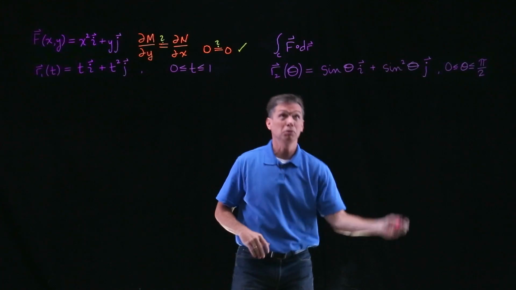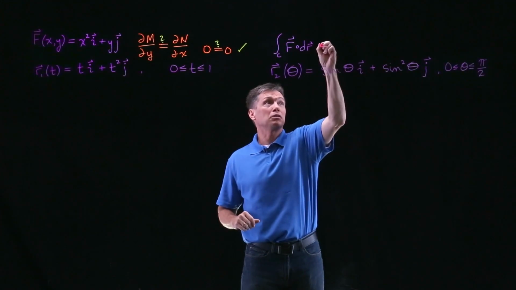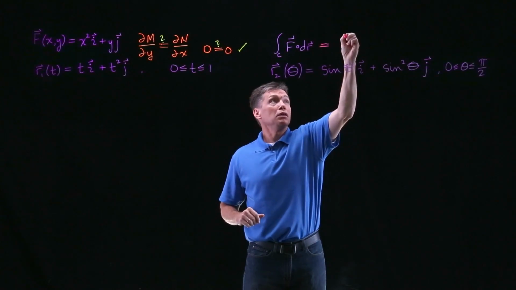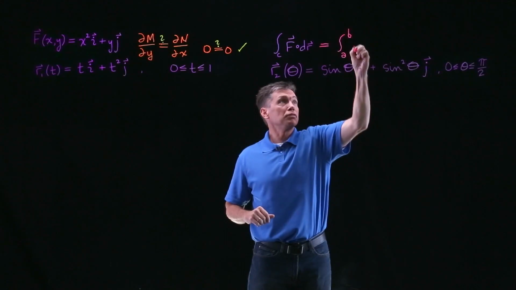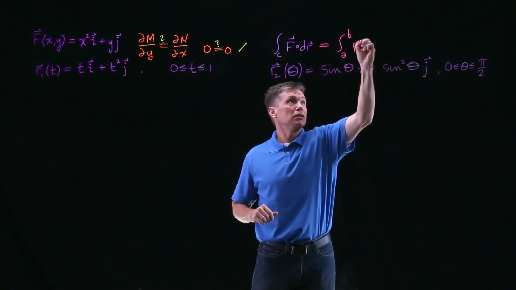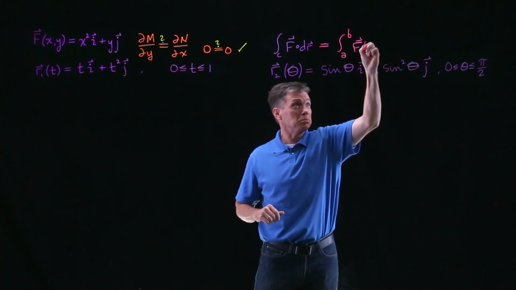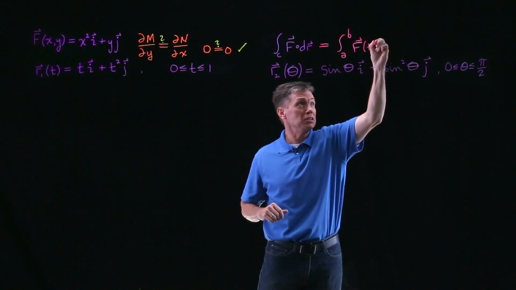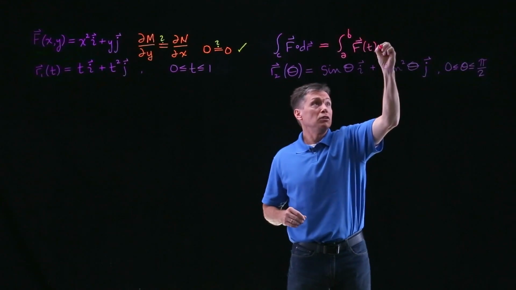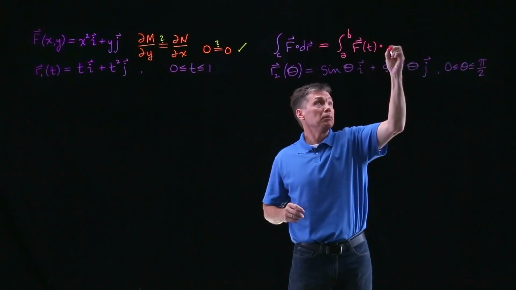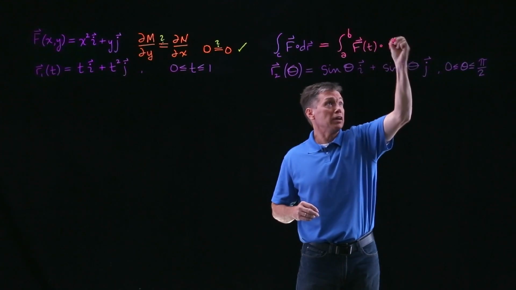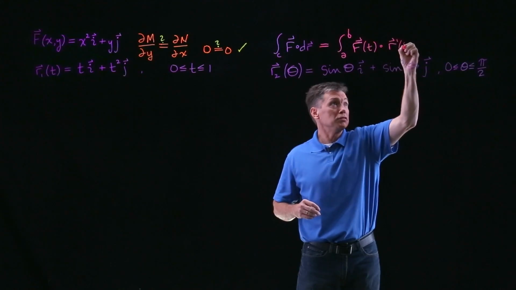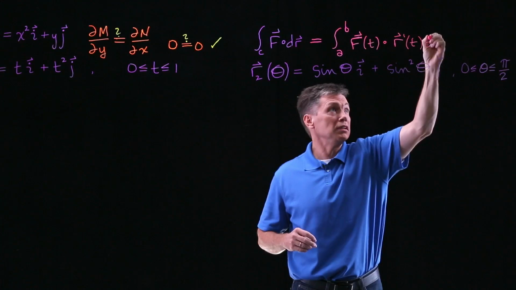You've seen this before. This integral equals the integral from a to b of that f vector, if we express it as a function of t, the parameter, dotted with the r prime vector of t, and then dt.